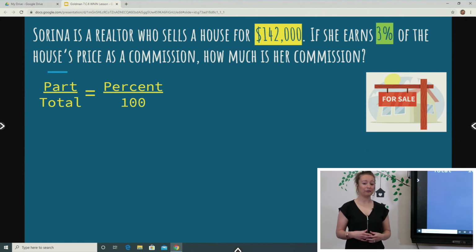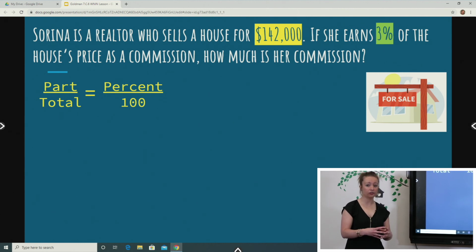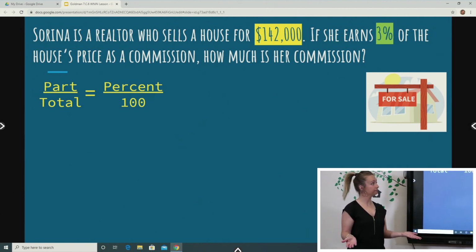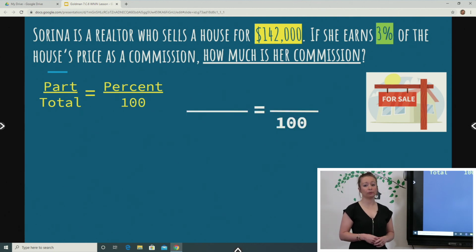For solving percent problems, obviously our 3% is going to be extremely helpful to us. And we see that 3% represents her commission. Remember that commission is an amount that someone gets based on the sales that they make. The question that we're being asked is, how much is the commission? So let's take all of these parts and set them up into our proportion.